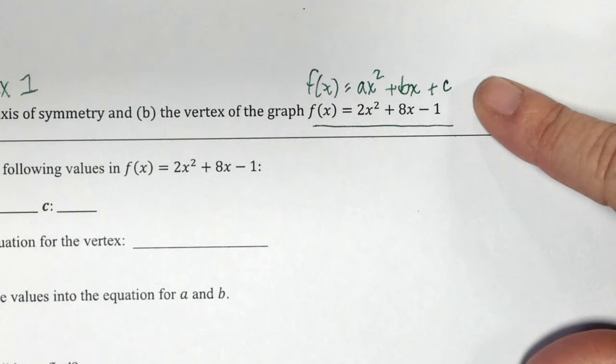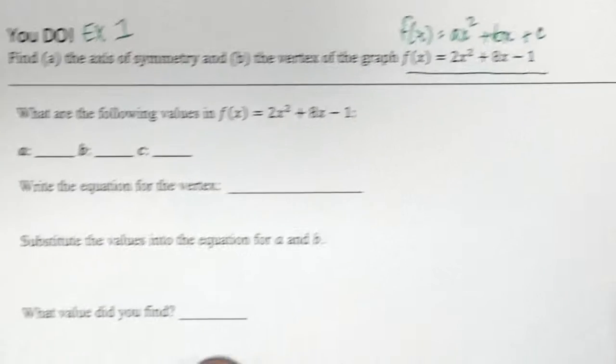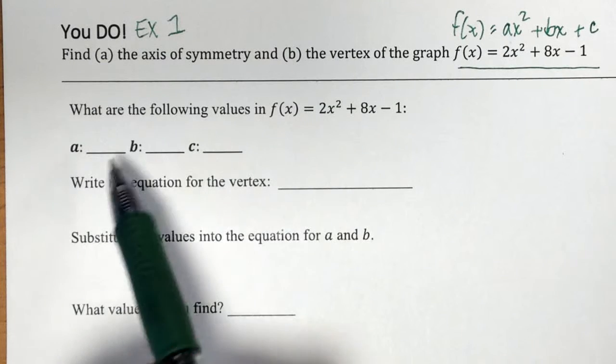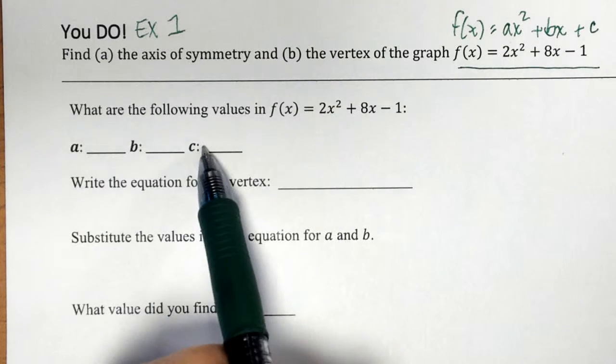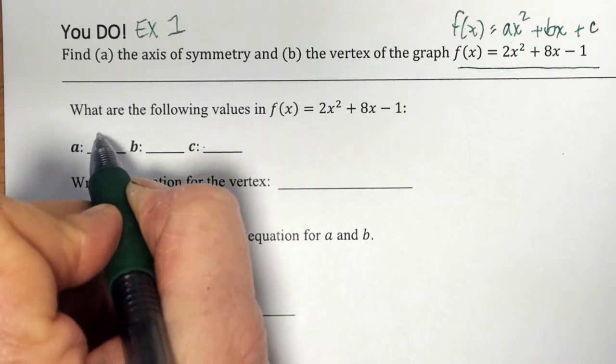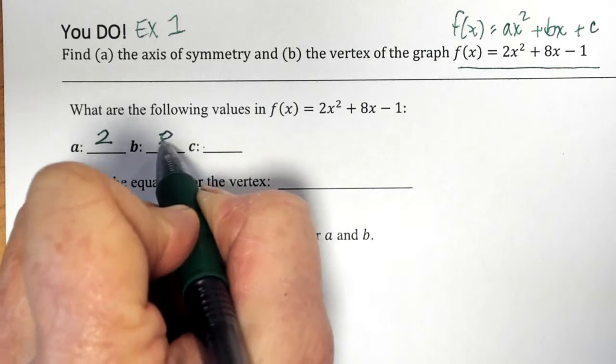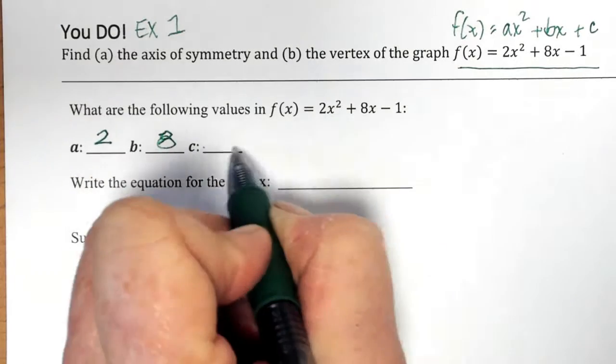Okay? So then all I need to do is figure out what are the values of a, b, and c. So let's go ahead and plug those in right now. I know that a is 2. I know b is 8. And I know that c is negative 1.